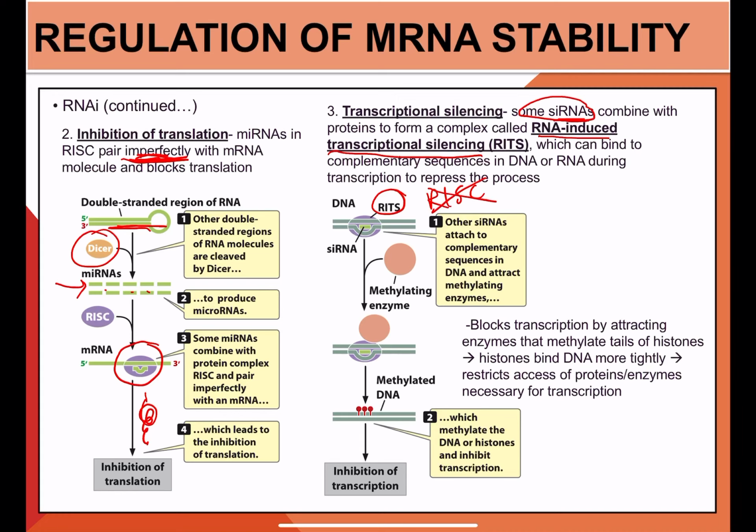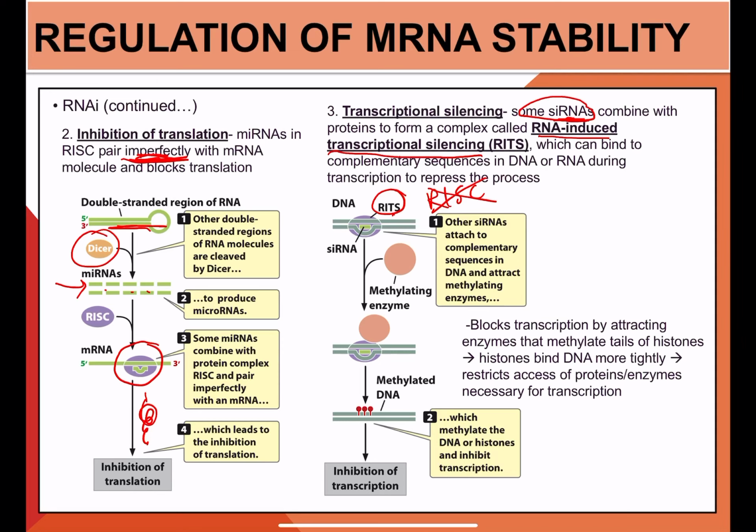That one is for degradation or inhibition of translation by either your siRNA or microRNA. RITS is where your siRNA is binding with the protein complex. That's not going to affect the mRNA.